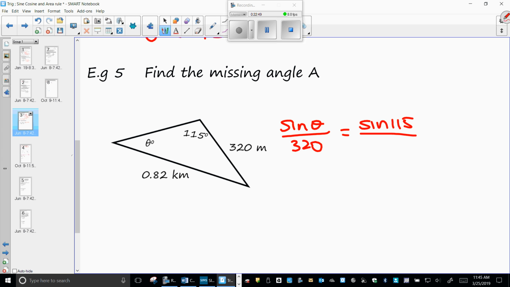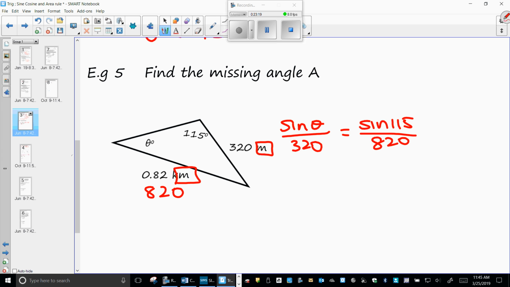Yep, they are in different units. It doesn't matter which unit you choose, but they need to be consistent. I don't really like working with decimals that much, so I'm going to change this to 820. If you're thinking, oh, I didn't know that, it is something you need to know, your conversion of units. If you don't know it, you really need to learn that.